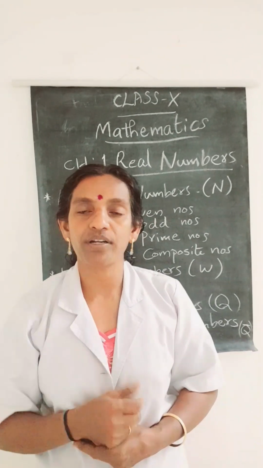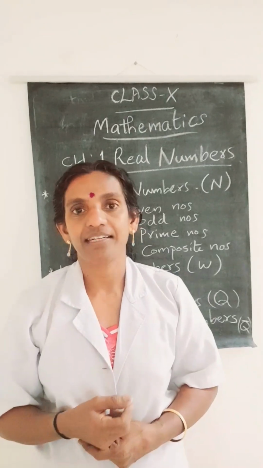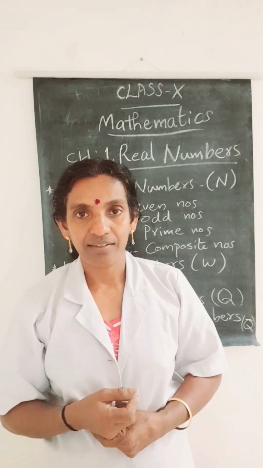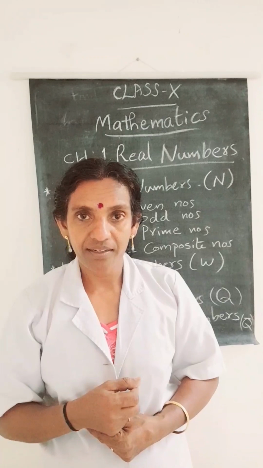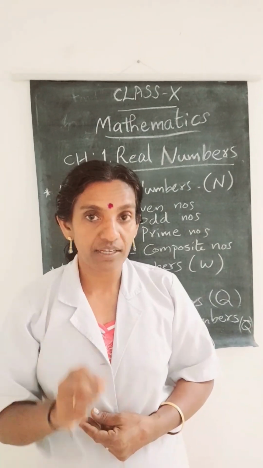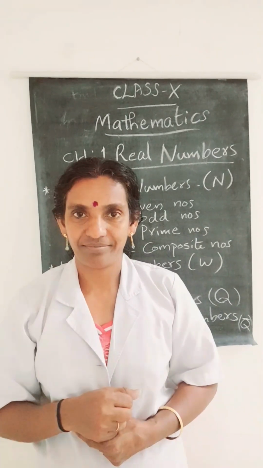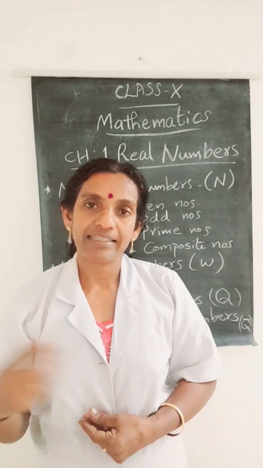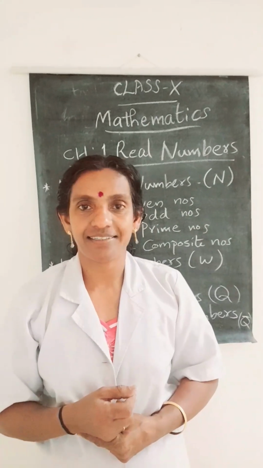The system of whole numbers is represented by W. Okay. So which is the smallest whole number? 0. Which is the smallest natural number? 1.